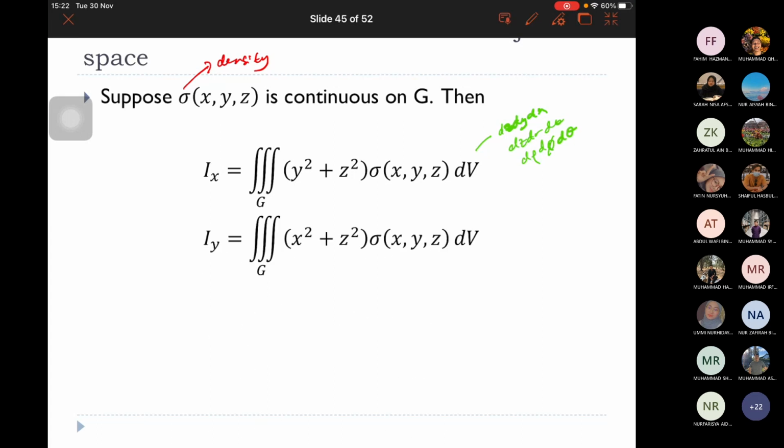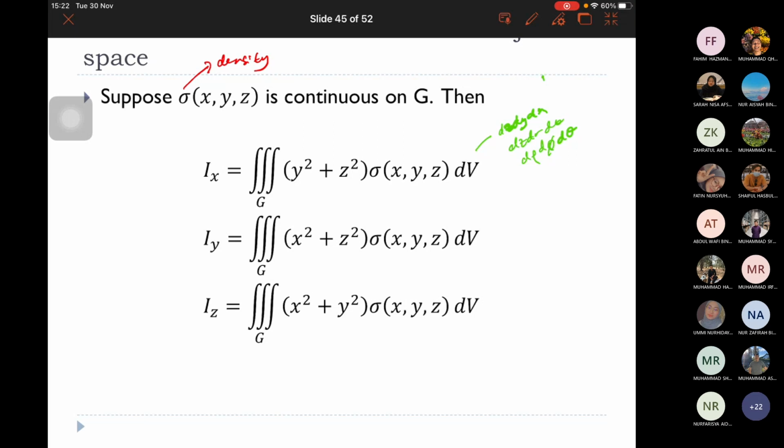Then the inertia about the y-axis is equal to the triple integral over the bounded region G of x squared plus z squared multiplied with the density of x, y, and z. And the inertia about the z-axis is the triple integral over G of x squared plus y squared multiplied with the density.